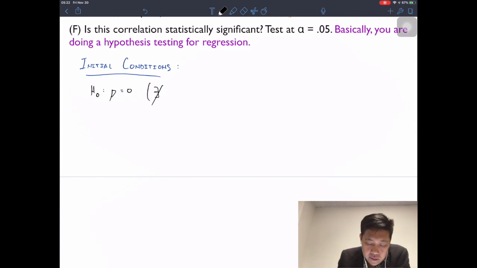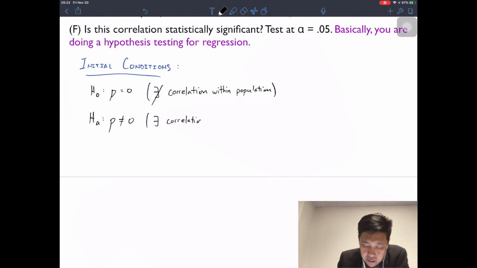Does not exist a correlation within the population. And remember, your alternative is always an opposite statement. So the alternative is rho does not equal 0, which means there exists a correlation within the population.